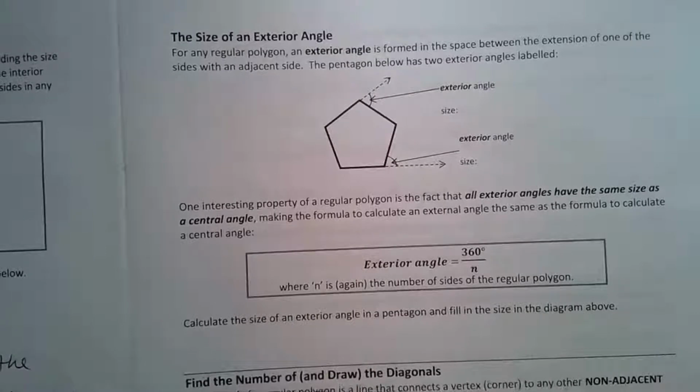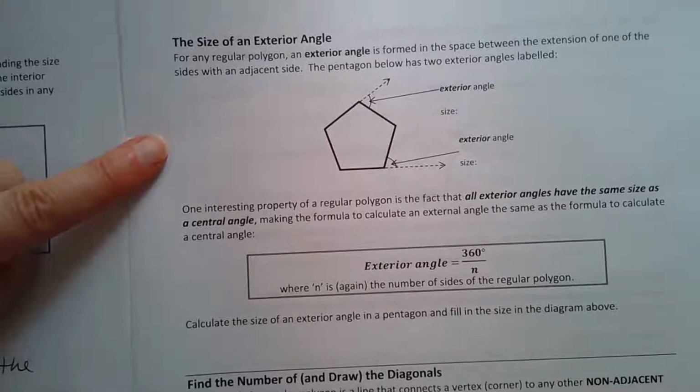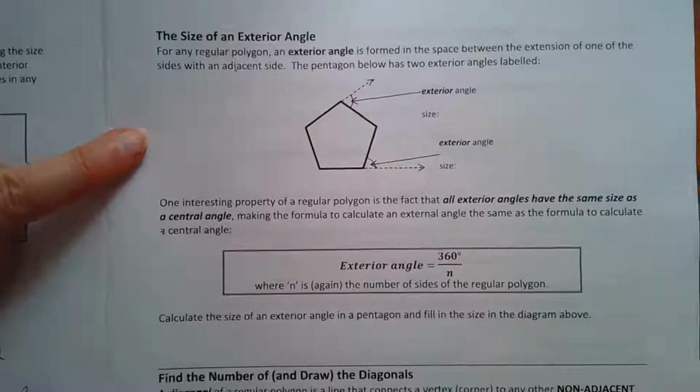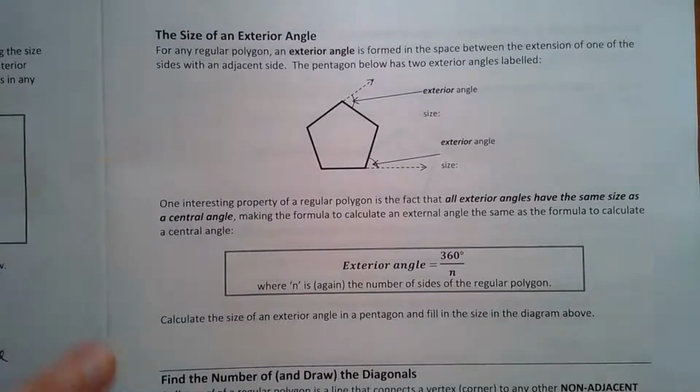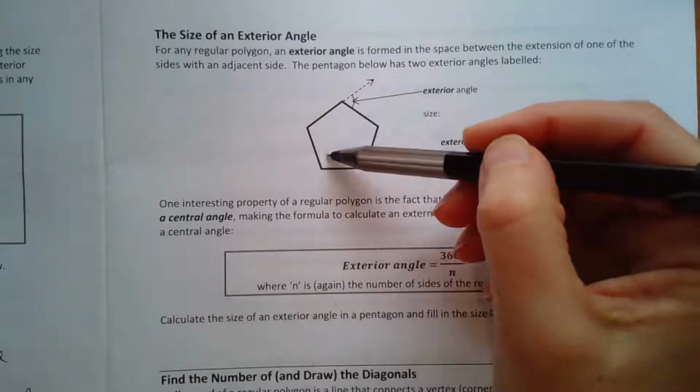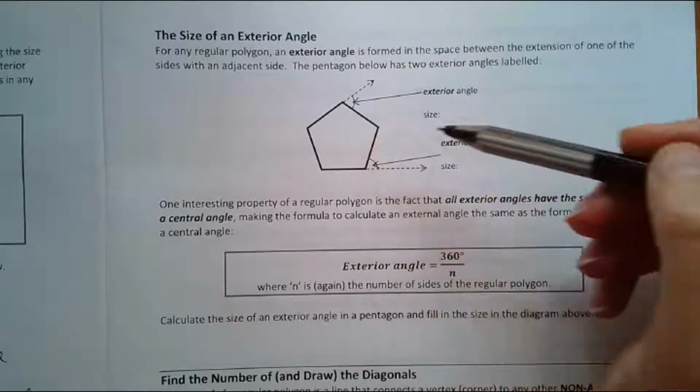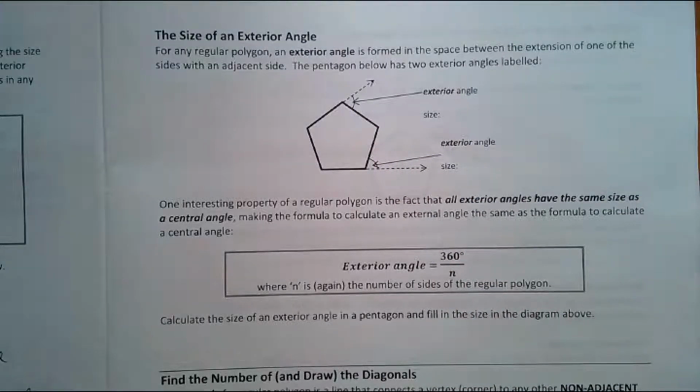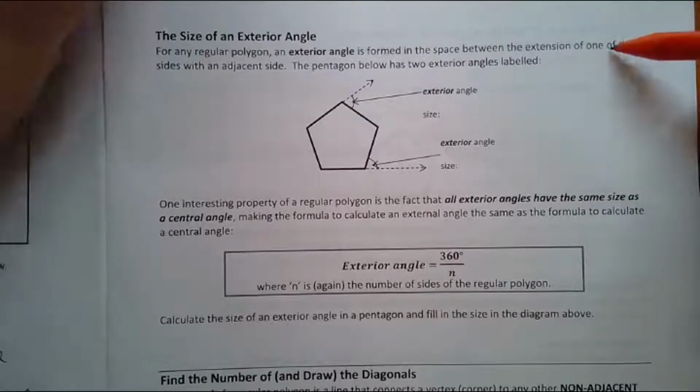So if I talk about the size of an exterior angle, remember an interior angle is the one inside the shape at the corners. Exterior means outside. So an exterior angle is formed in the space between the extension of one of the sides and an adjacent side.